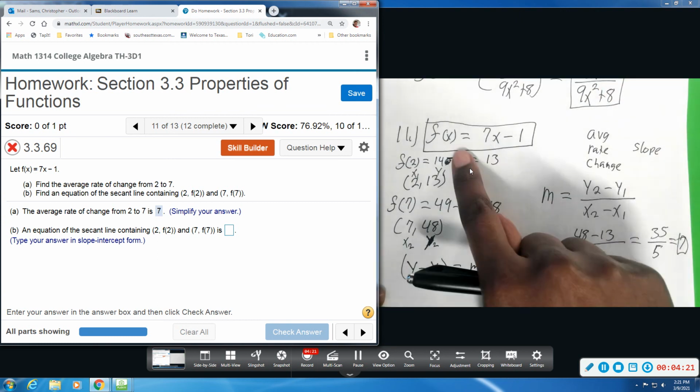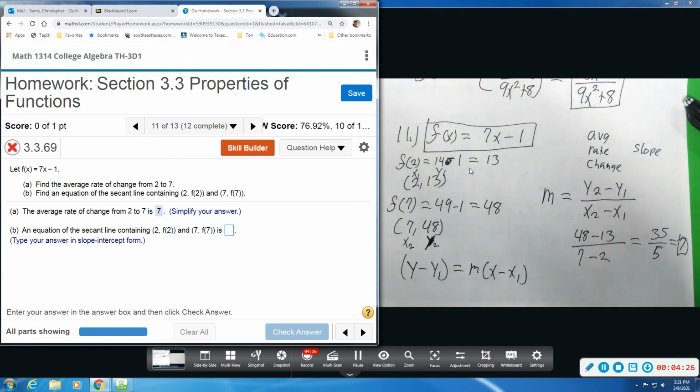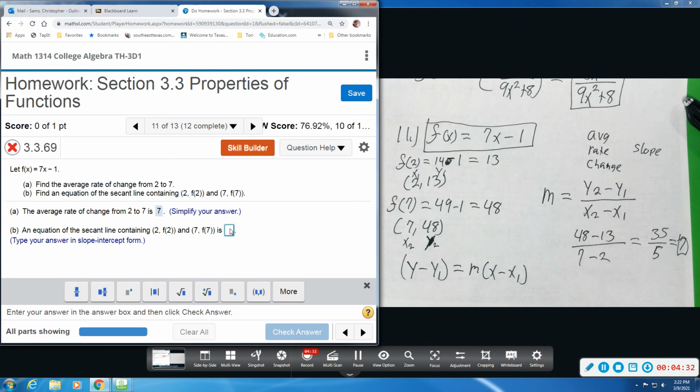Okay, and so we're going to write this whole equation down because it's linear. We don't actually have to work it, but that property will hold. So we're going to write y equals, for our equation, 7x minus 1. Those 2 points will be on that same line.